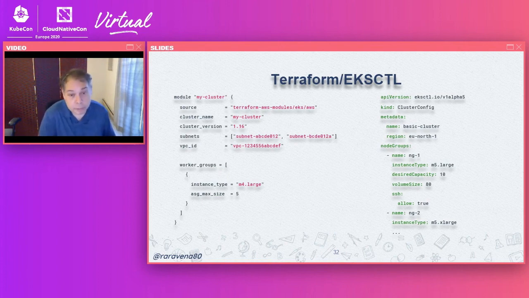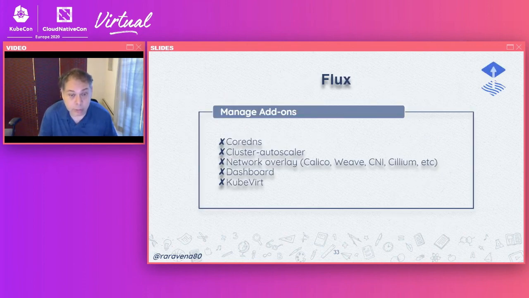There are other tools, for example, to provision your clusters. You can use Terraform if you're running your clusters in different clouds, maybe AWS or GCP or Azure. Or you can use something like eksctl from Weaveworks, and you can define your Kubernetes cluster in a YAML format. Flux is another tool that allows you to have this kind of GitOps approach for applications, but you can also use it for Kubernetes components, right?